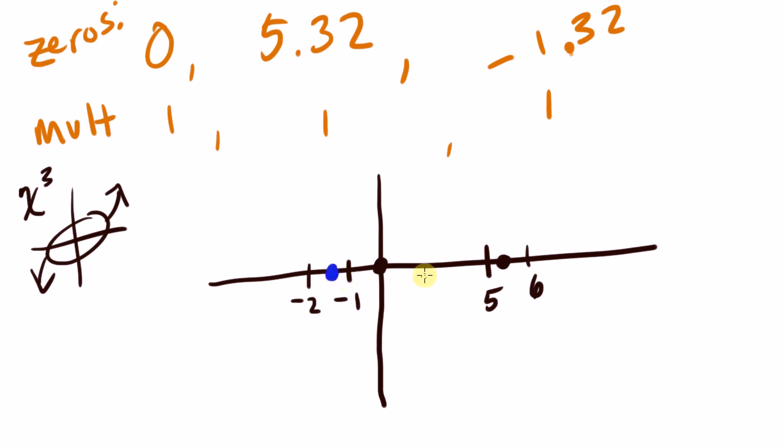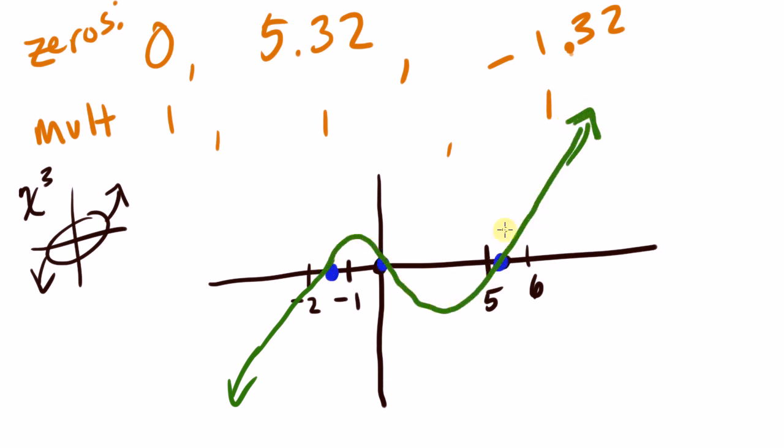Alright, and we said that our function has to come from here and go off to here, and it goes straight through. So we come straight through that point, straight through this point, straight to that point. And that's about what it looks like. Label this, call it a day.